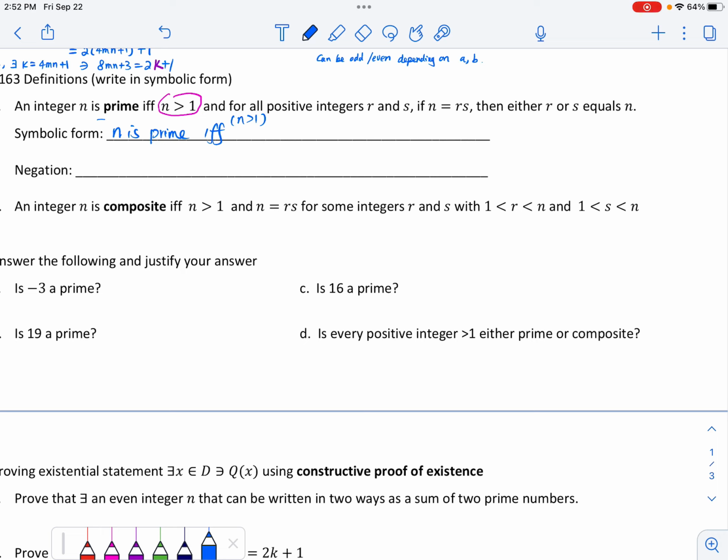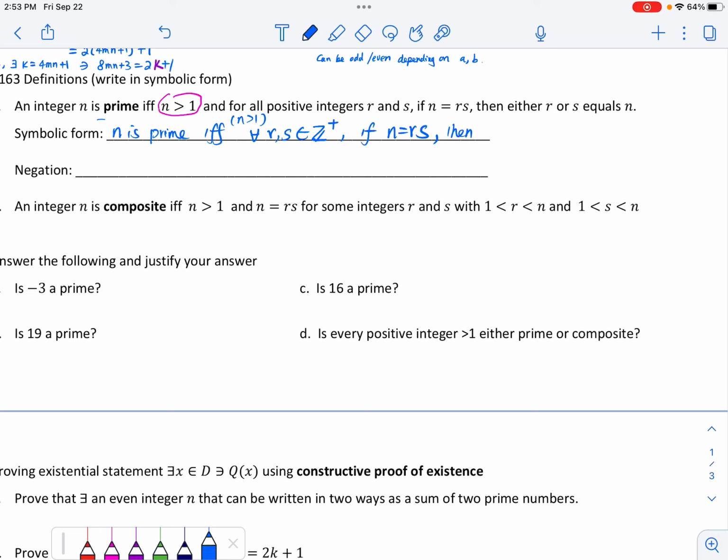By the way, n has to be greater than 0, okay? And now, because we say for all positive integers r and s, so r, s in Z positive, that means positive integers. If n equals r times s for all the positive combinations, for n to be prime, then the following has to happen.